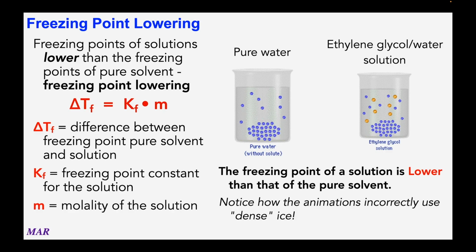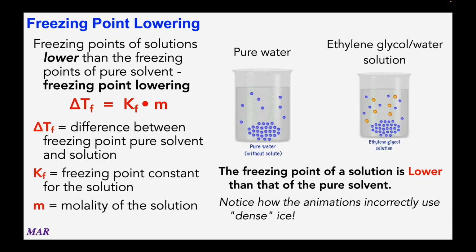Freezing points have a very similar looking expression, but freezing points, of course, are lowering instead of raising. And what's happening in freezing points is those solutes are blocking the solvents from going from the liquid to the solid phase. But the equation looks really similar. So delta T equals K times m for freezing point lowering, just like delta T was K times m for boiling.